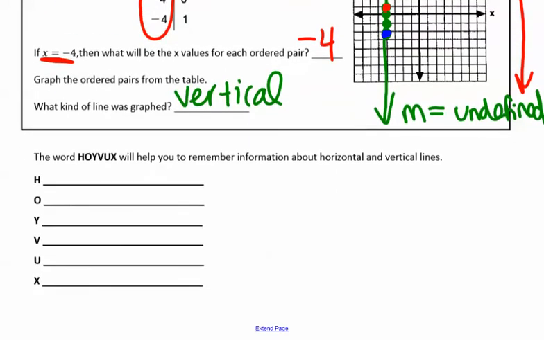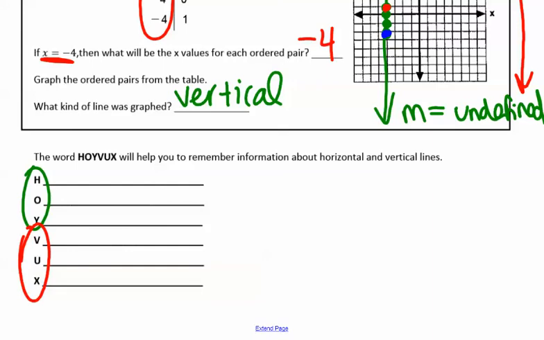Now, that might help you with working with these special lines. It is called HOY VUX. Yep, HOY VUX. Now, the HOY goes together and the VUX goes together. So when we think of these lines, you're going to be thinking, is it a HOY or is it a VUX?